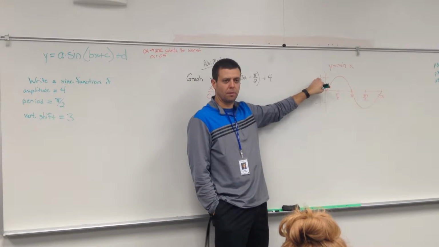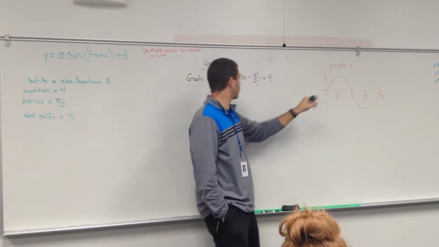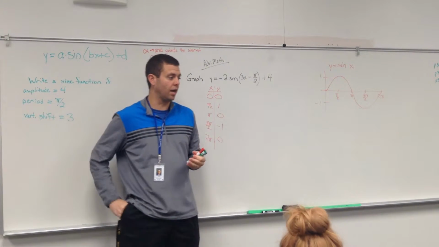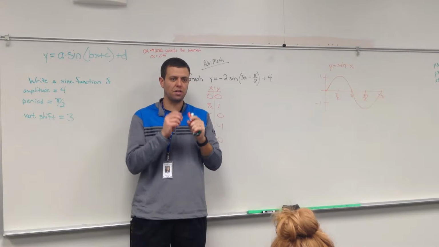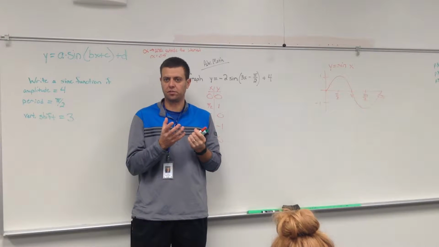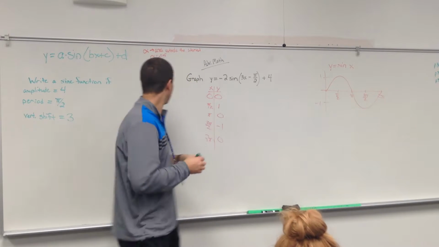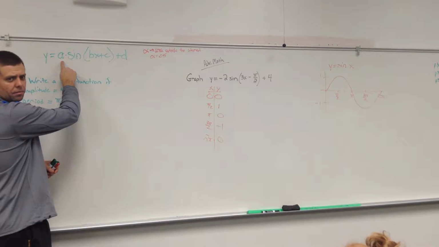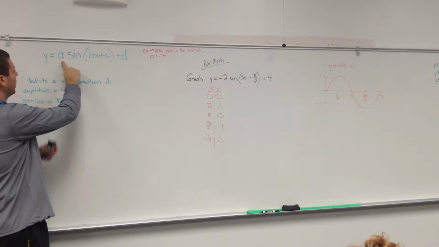So, this is my parent function, y equals sine x. Then there's a lot of things affecting the parent function. Remember the day where I showed you on the calculator how each value affects the parent function? A little refresher.